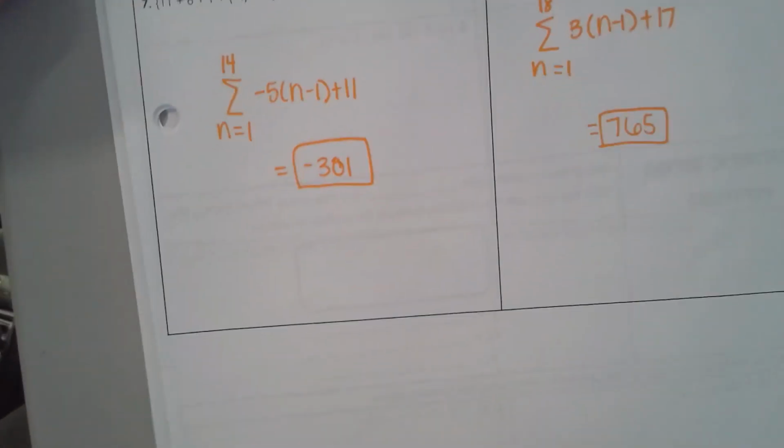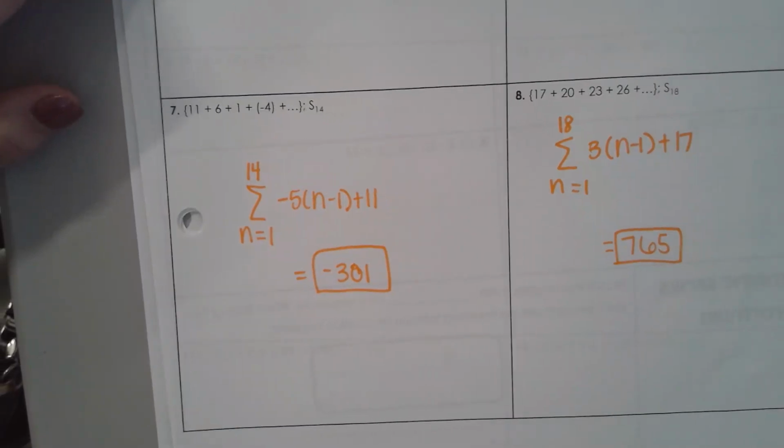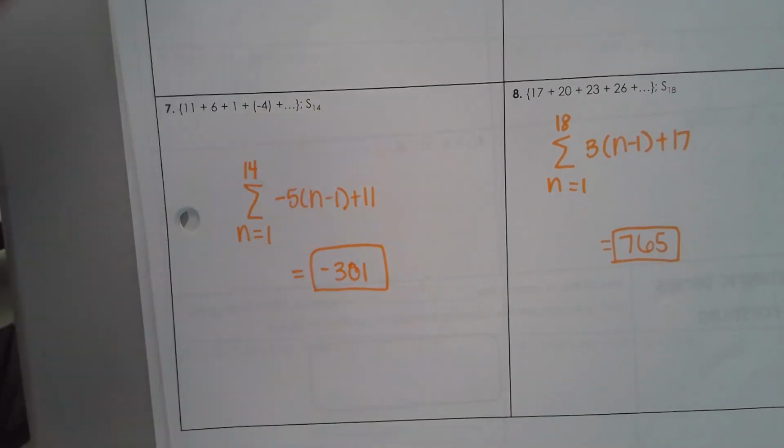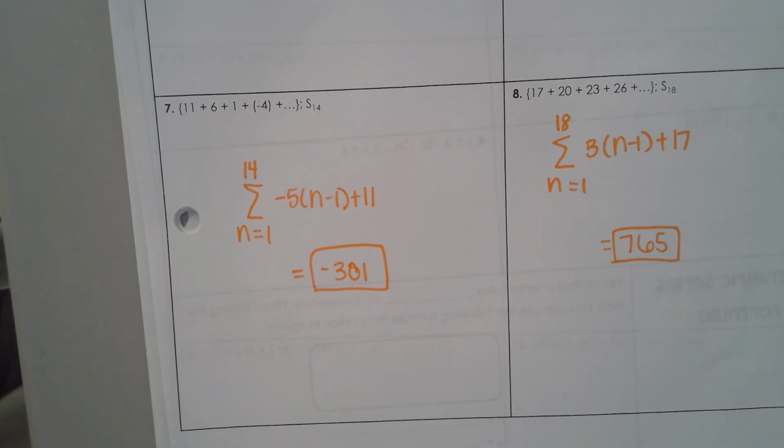And then numbers 7 and 8, 301, negative 301, and 765. These ones are all easy because they're not really good.